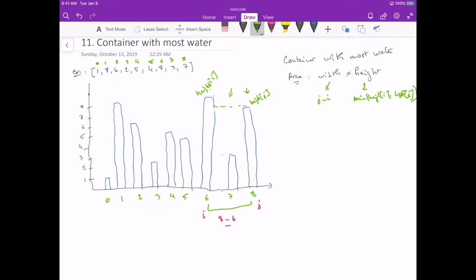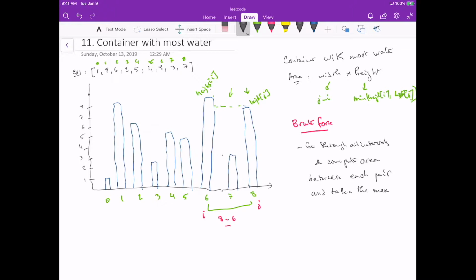Okay, so now we know what the area is, and now we can think about a brute force solution to this. The brute force solution that we can do is just go through all intervals and compute the area between each pair, using the formula that we just said, and take the max, right?